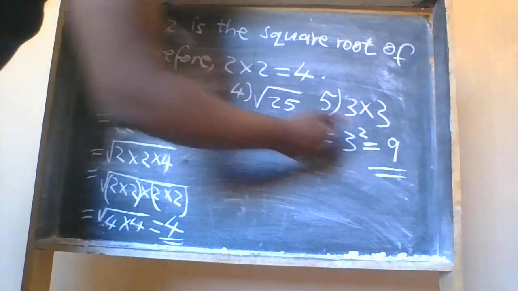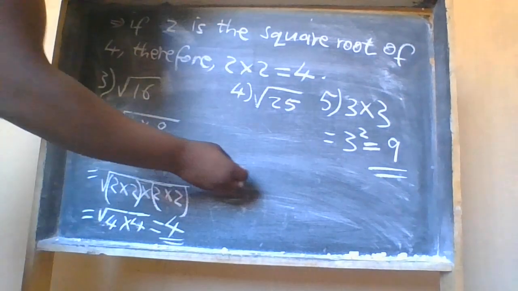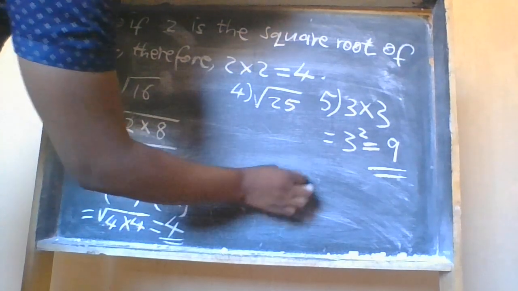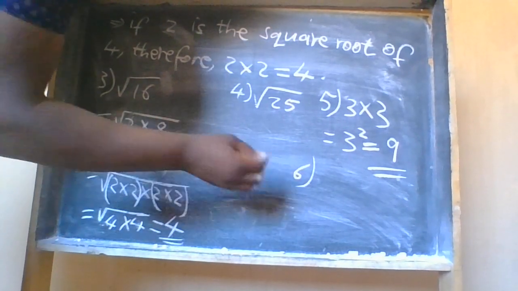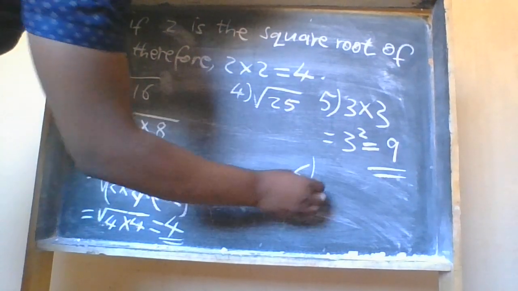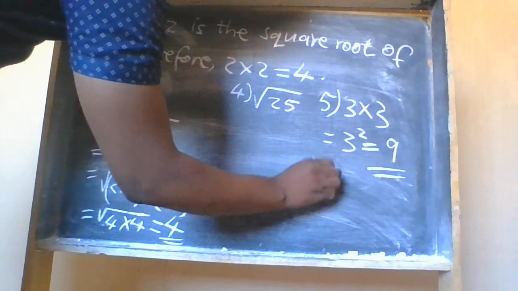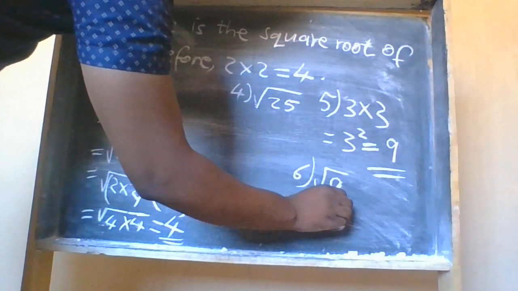So in the same vein, they can give you the question, and we say this is example 6: what is the square root of 9?